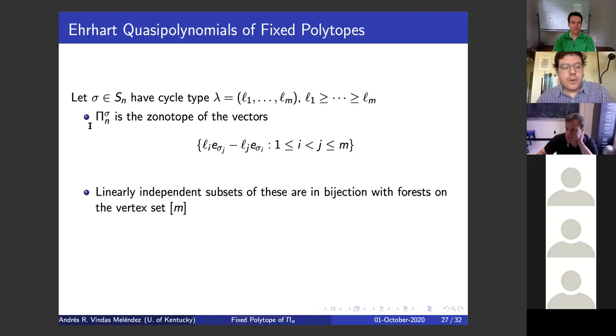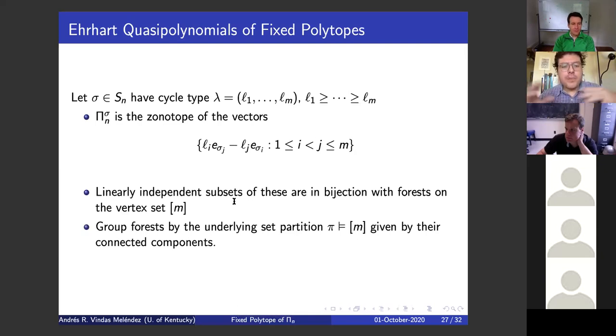And so here's maybe another thing: if the standard permutahedron had some graph theoretic notions in the background, then the fixed polytope should also, right? And so it turns out that the linearly independent subsets of this set are in bijection with forests on the vertex set M. So for the standard permutahedron it was on the vertex set N, but now we really just care about the vertex set M coming from the lengths of these cycles, okay?